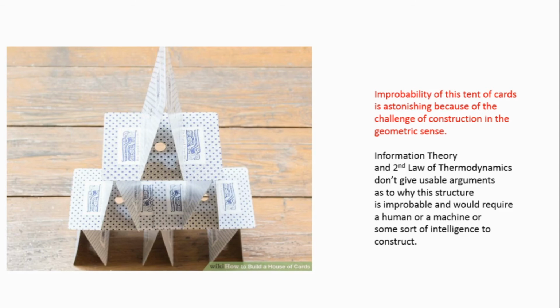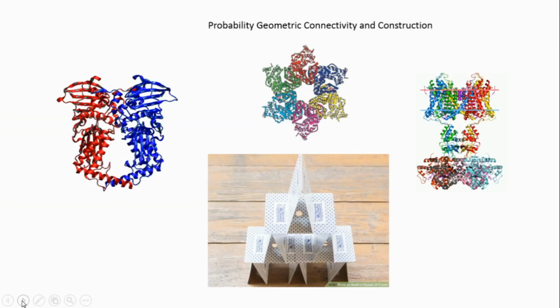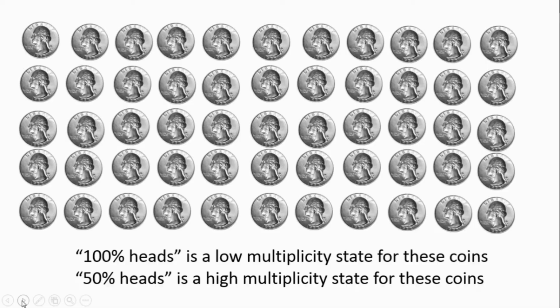I hope I'm making the case here. And by way of extension, why would we need information theory to estimate the probabilities of protein architectures? Don't need it. The issue really is, what's the probability of a random process creating sequences that will create this? It's that simple, in my opinion.